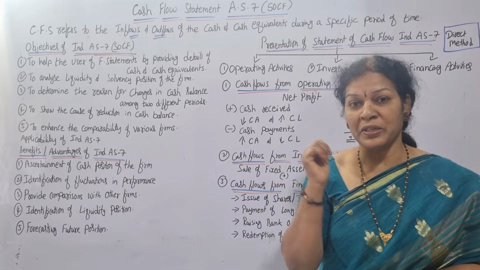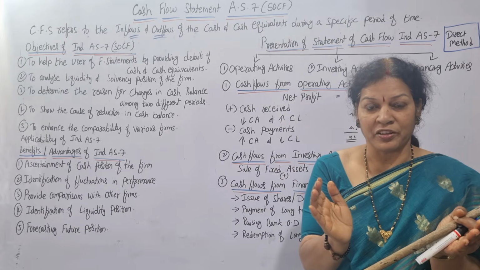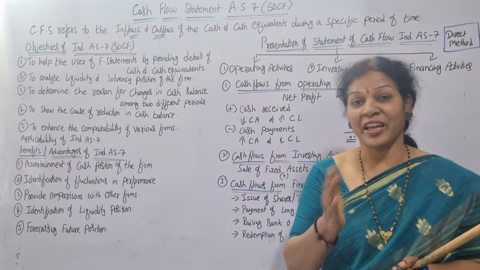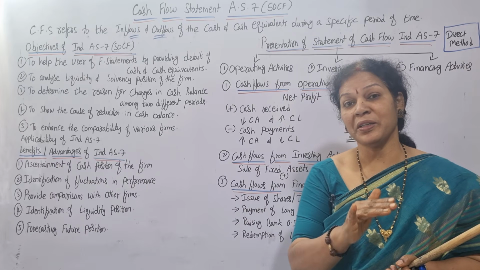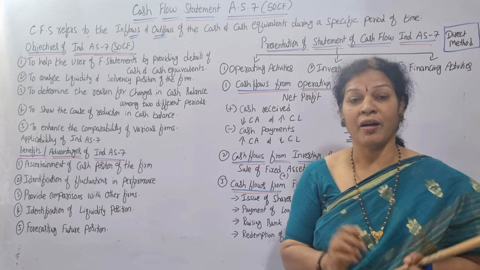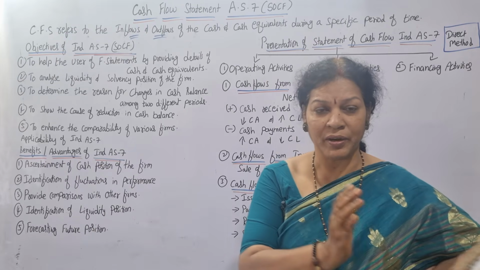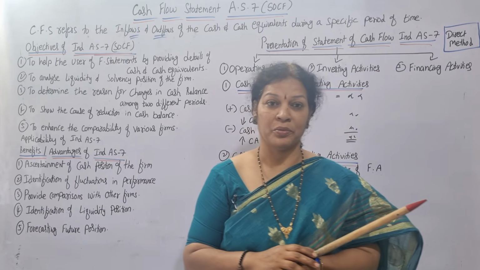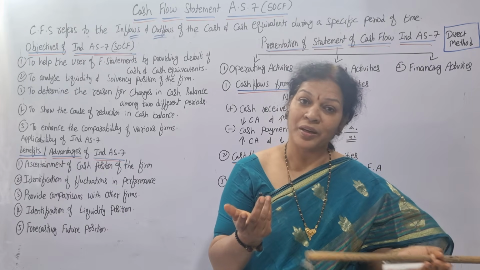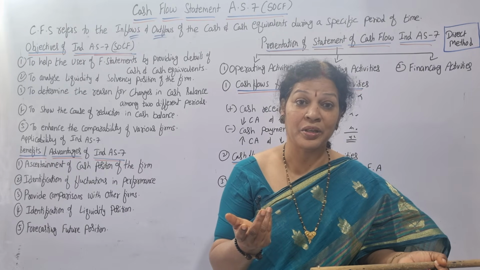2023 to 2024. How is the cash flow between two periods? It can be 2022 to 23, 1 year, 23 to 24, 1 year, or you can take one firm to another firm also. Cash inflow of firm A, firm B, that also you can calculate and compare.